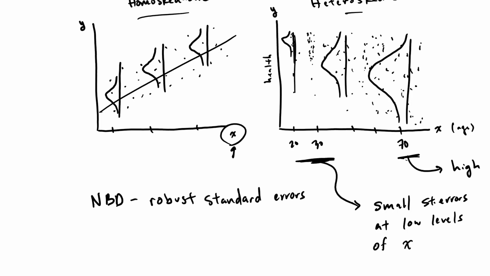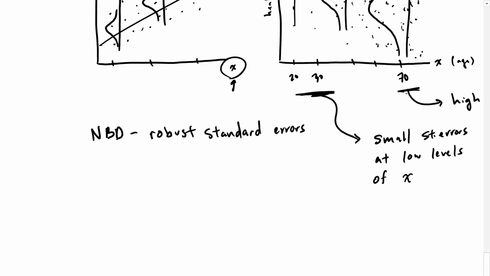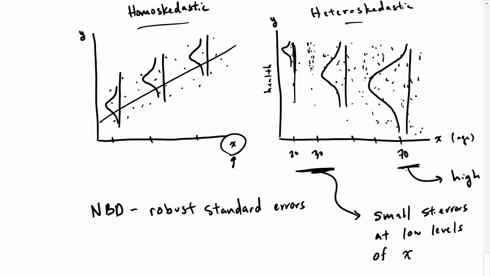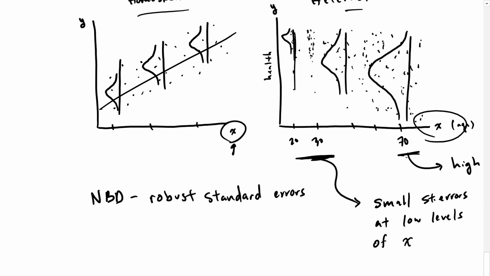A lot of statistical packages easily fix these in regression software. It'll sometimes be an option, or it'll oftentimes just be automatic. So your robust standard errors are going to correct for this difference in the variations across time. Well, across x, whatever x is.